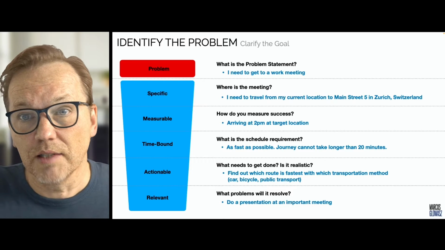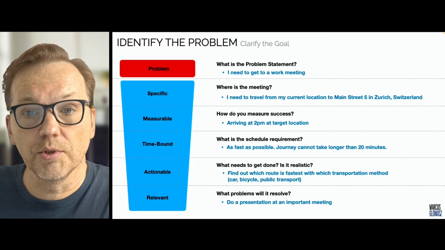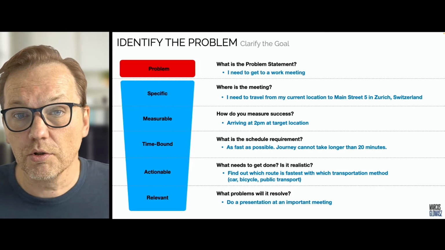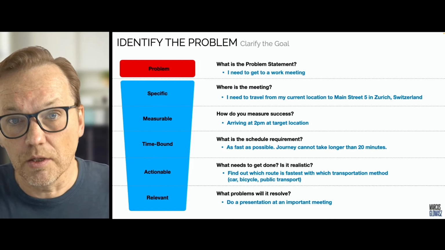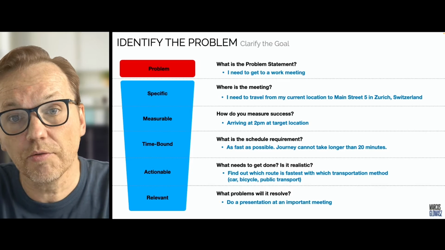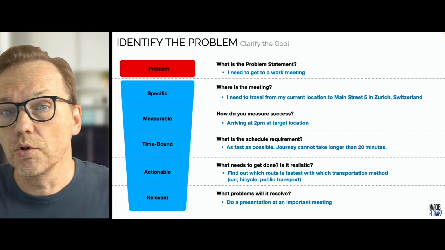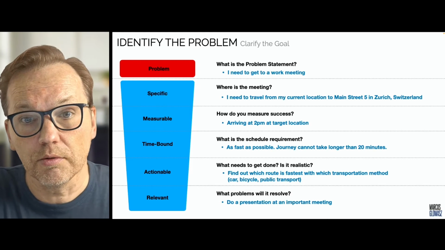And that doesn't imply that we actually have to drive there. We can actually do, for example, some virtual meeting, some online meeting. That could be a solution, right? So by asking those questions and narrowing that down further, we actually frame the problem to understand what are we really looking at? What do we want to resolve, right?